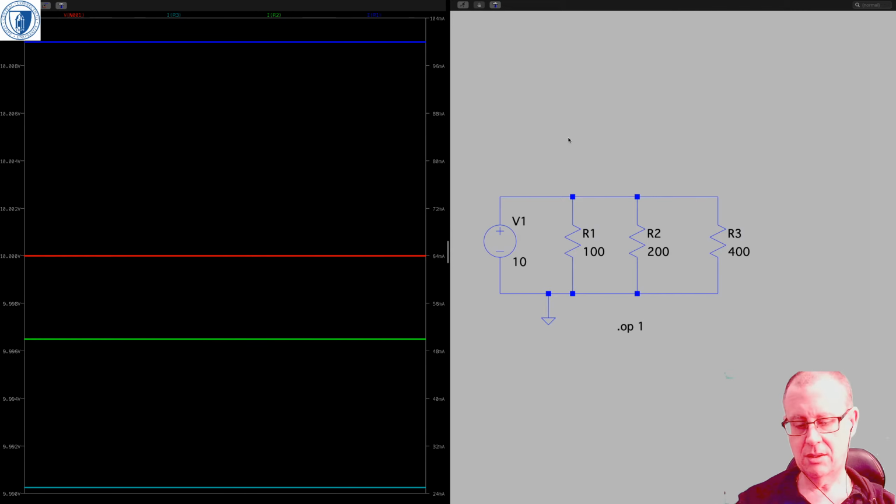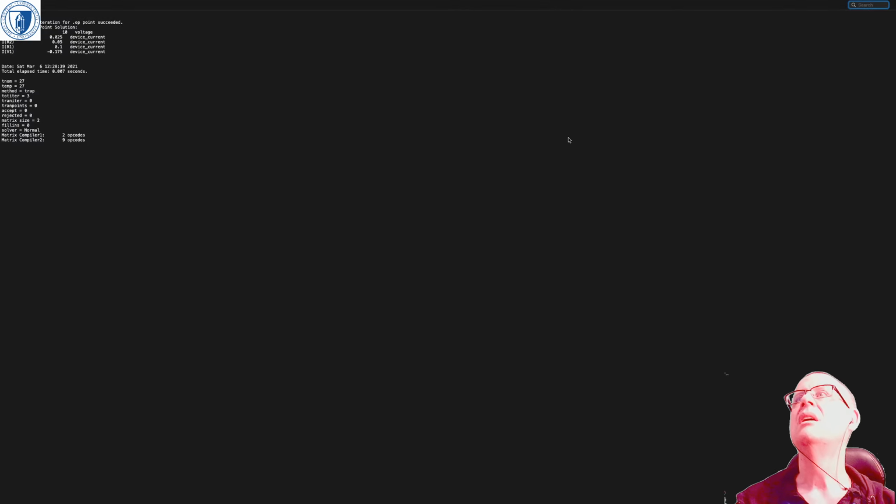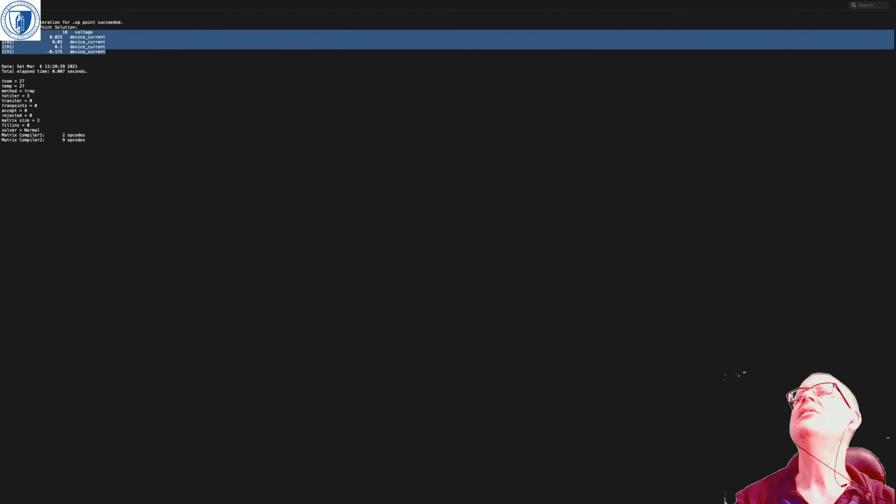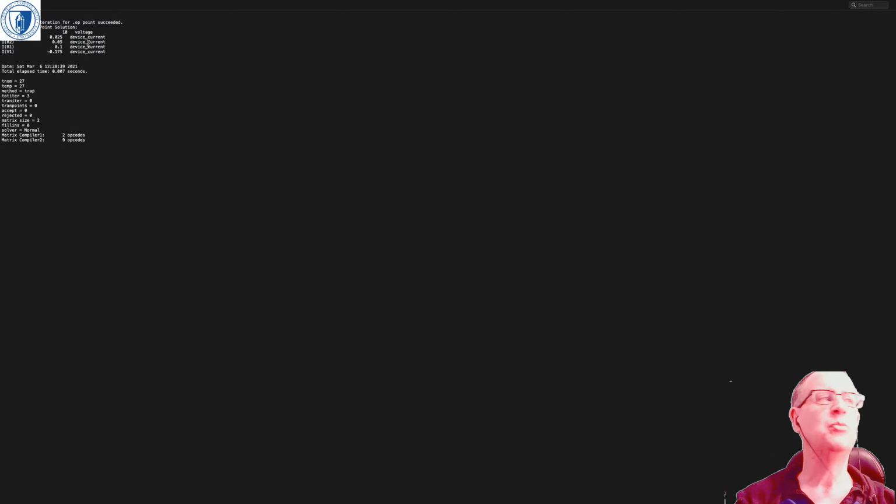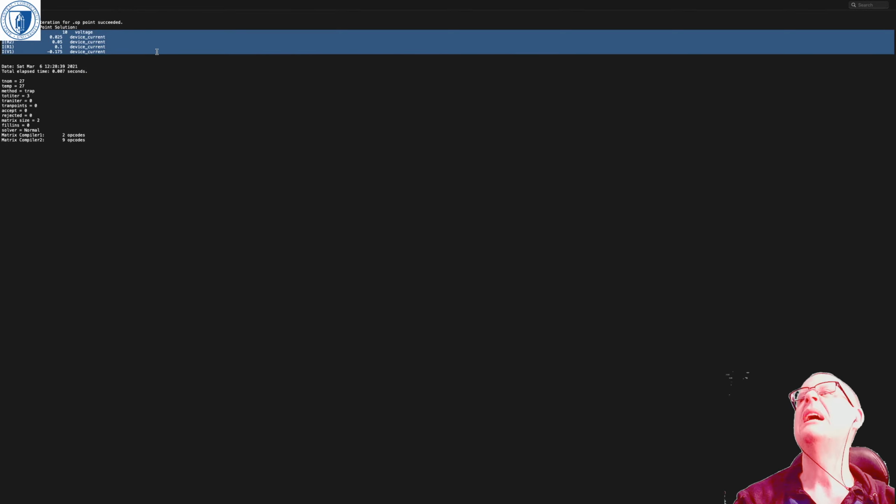Okay, then just there we go. Right, so now I don't know whether you can see that. I don't know how to change the size of that font, but if you do look at the operating point information, right, it'll tell you all the values of everything, and it does change the value to the ones we did in our calculations.